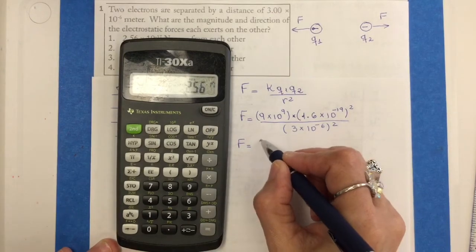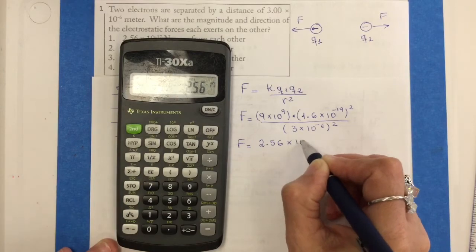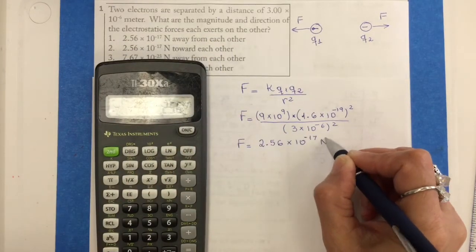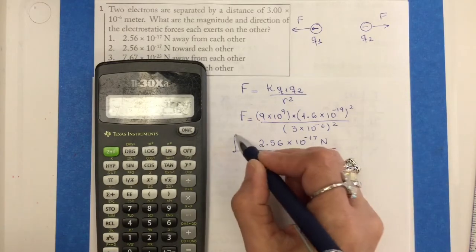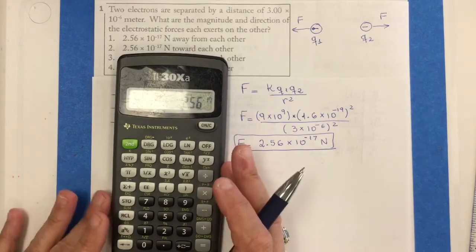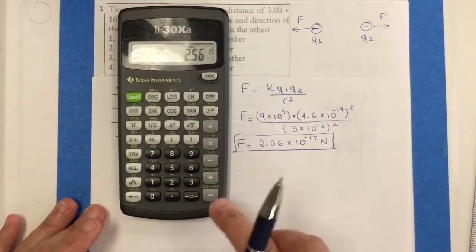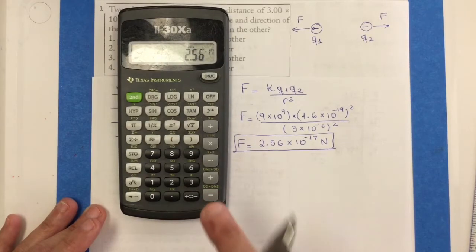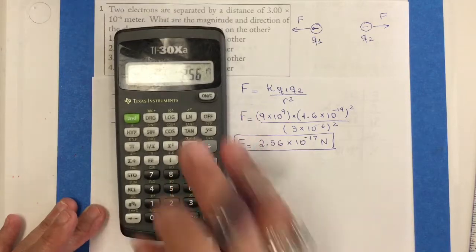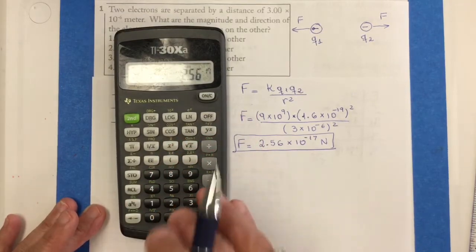So this is 2.56 times 10 to the minus 17 newtons. Now, please notice, you can play back the video, that I was pressing enter every time that I finish an operation, just to make sure that your calculator understands that's the final process.